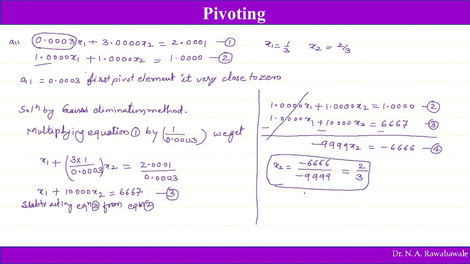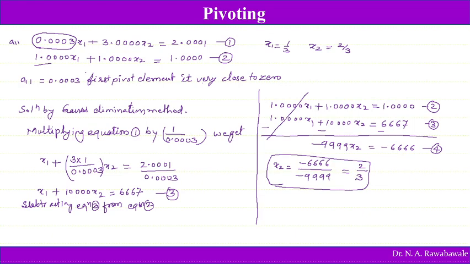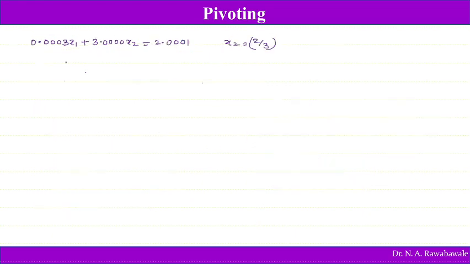So equation number 1 is 0.0003 x1 plus 3.0000 x2, which is equal to 2.0001, and x2 which we have obtained here is 2 by 3. Just now we obtained x2 equal to 2 by 3. Now we substitute x2 in this equation.